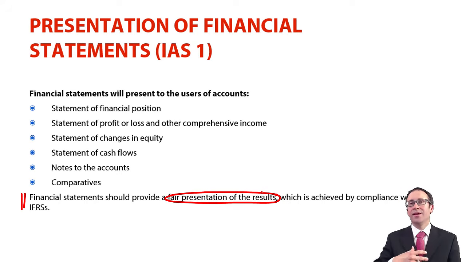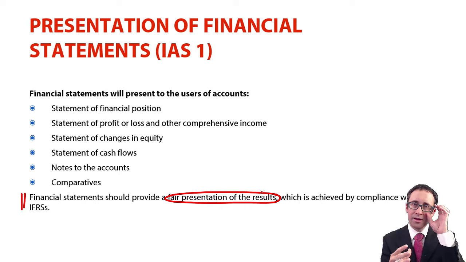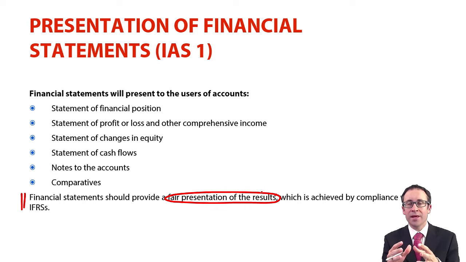That brings in the ethical aspect. We'll see ethics much later on within the class notes, but just be aware that you need to follow all of the accounting rules. If there's no particular accounting standard, then use the rules within the framework to present fairly the results of the entity, the performance, and also the resources that it controls and the liabilities that it owes.